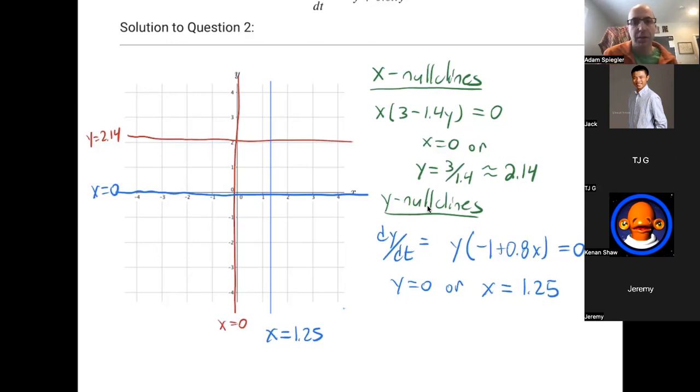Okay, so I've got the x-nullclines drawn in red and the y-nullclines drawn in blue. There are two of each. So any questions about that so far?